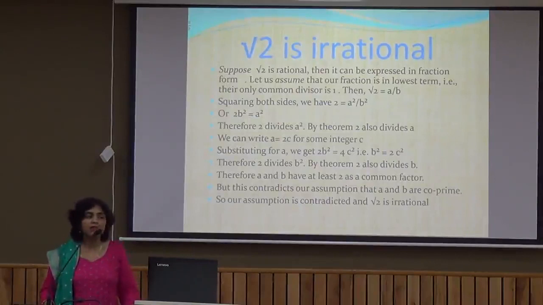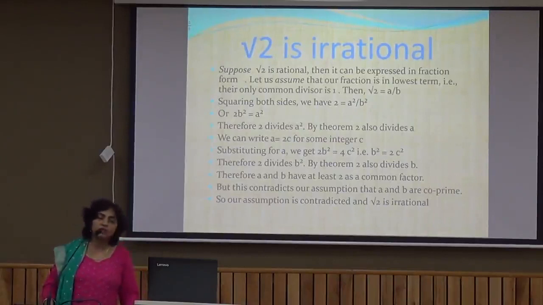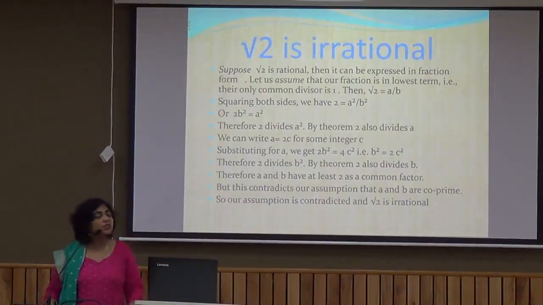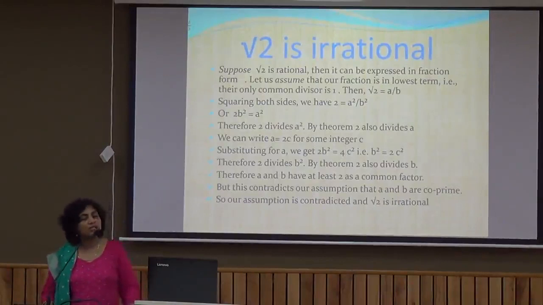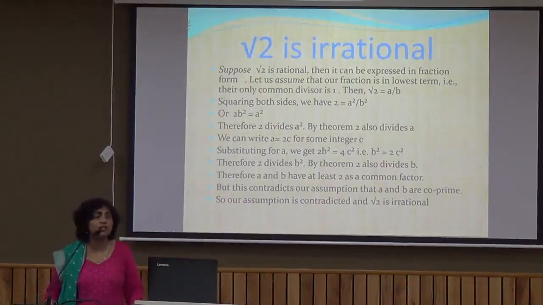That means b is also a multiple of 2, and we say that a and b both have 2 as a common factor. But this contradicts our assumption that a and b are co-prime. That means the assumption that square root 2 is rational is wrong, and hence square root 2 is irrational.